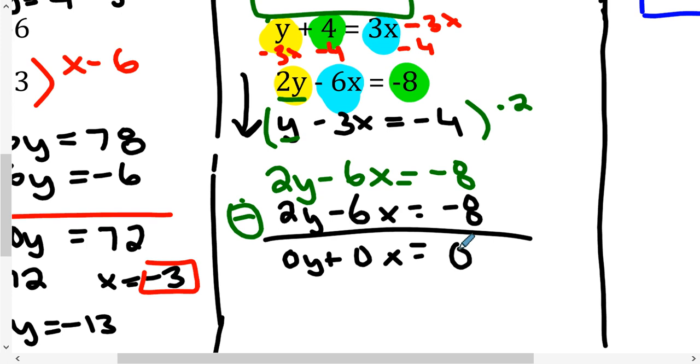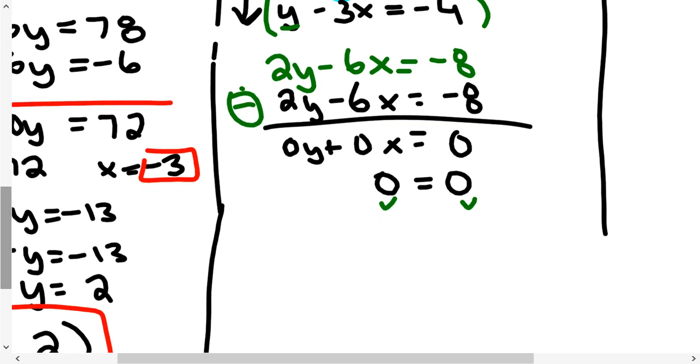So if we remember, when I end up with my two sides, I have nothing left on the left side, nothing left on the right side. When I end up with my two sides that give me a statement that is true, 0 is equal to 0, or this time we can clearly see my two equations are exactly the same.